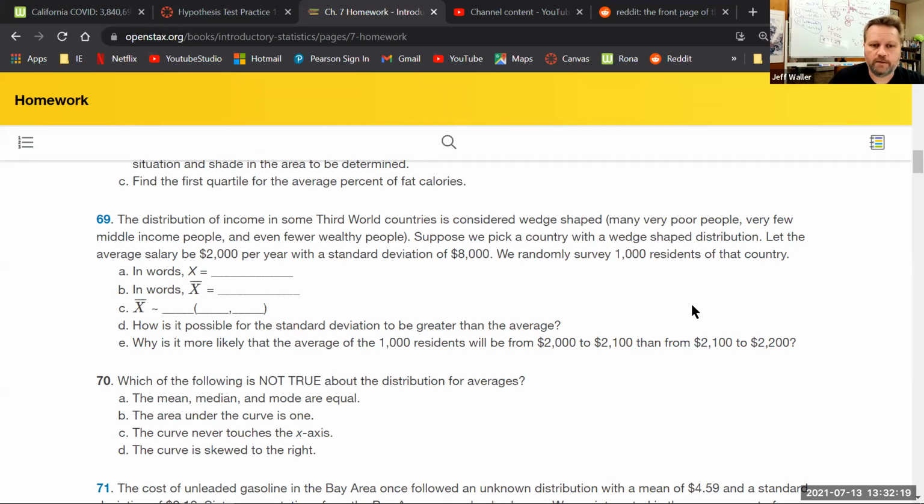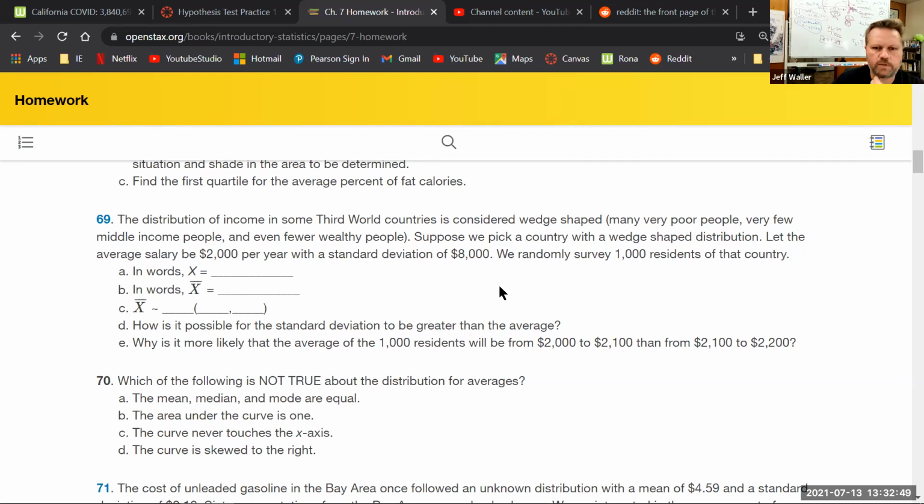Why would I care? Because what is it we're talking about? What does this symbol mean? The X bar of our survey. What does the X bar of our survey mean? In words, X bar is the 1,000 residents of that country that we surveyed.